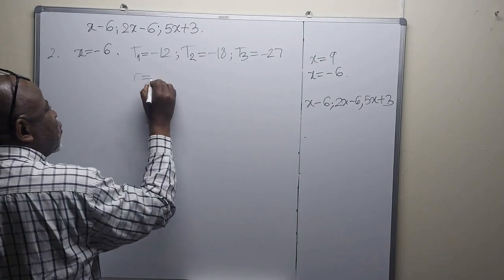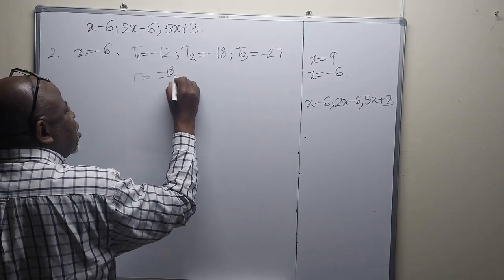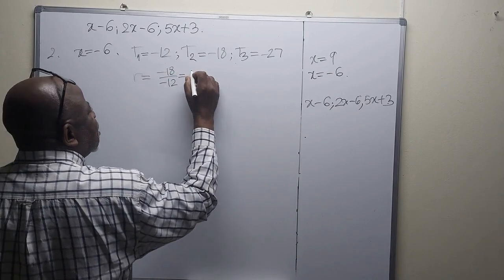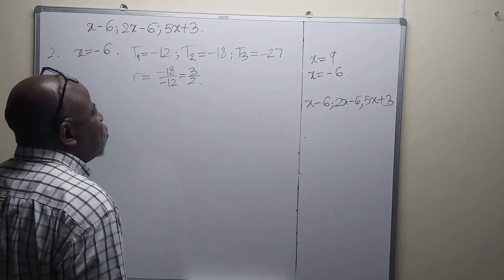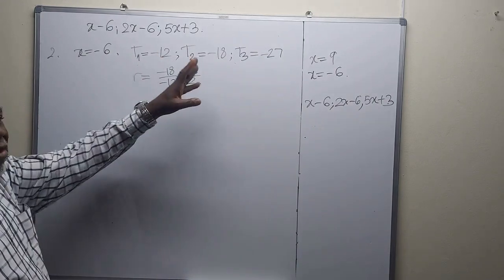Our common ratio is −18 over −12, which, dividing by −6, gives 3 over 2. So these are our first 3 terms.